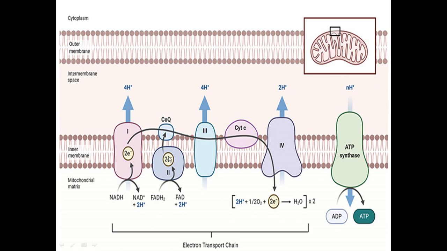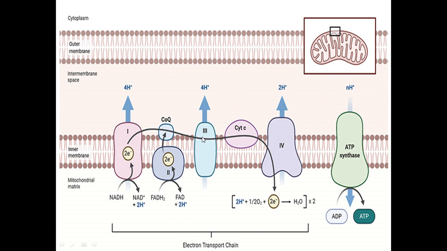Complex 2 takes electrons from the FADH2, which is produced in the Krebs cycle at the conversion of succinate to fumarate. So complex 2 is termed succinate dehydrogenase or succinate coenzyme Q oxidoreductase.